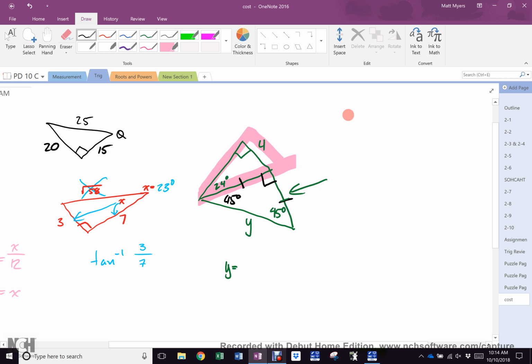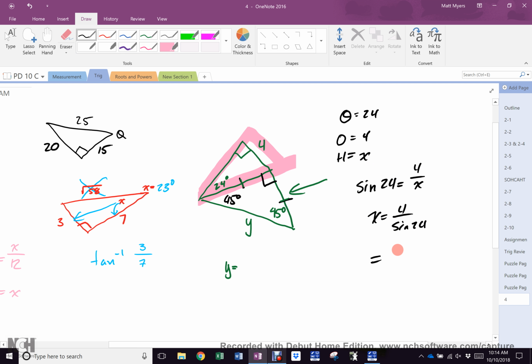And that triangle has a theta of 24, an opposite of 4, and an hypotenuse of what? I don't know. So I do my trig. Sine 24 equals opposite 4 over x. So x equals 4 divided by sine 24. And that will give me an answer.